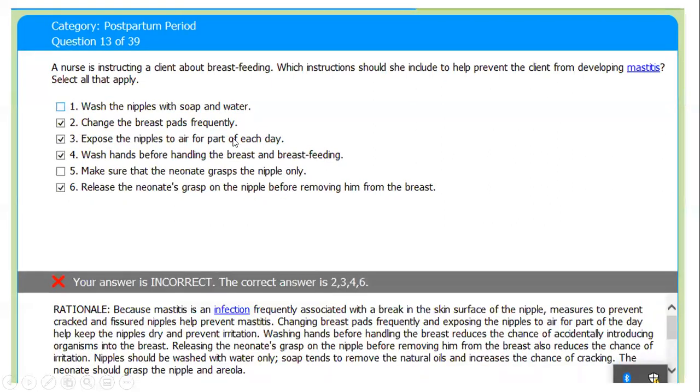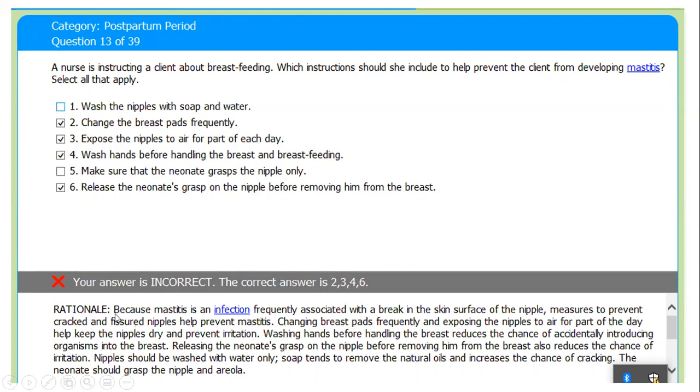The correct answer is change the breast pad frequently, expose the nipple to the air for part of each day, wash the hands before handling the breast and breastfeeding. Also, release the neonate's grasp on the nipple before moving him from the breast.